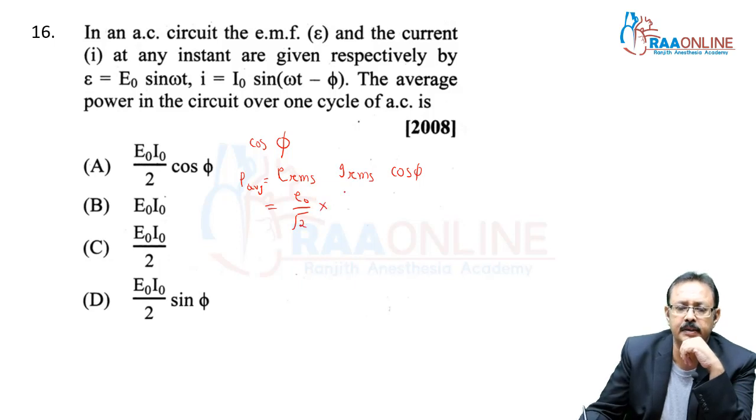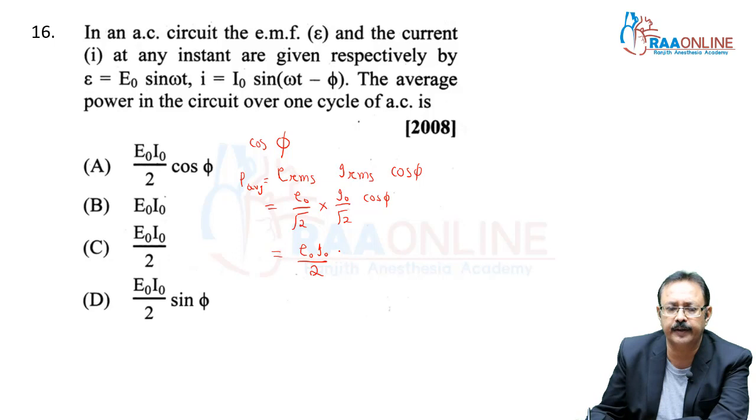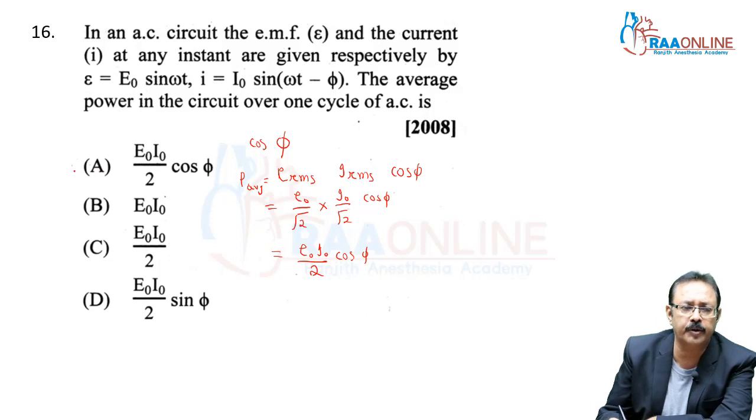What is IRMS? I naught by root 2. Cos phi is cos phi. So what we are getting? E naught I naught divided by 2 cos phi. So we are going with option A.